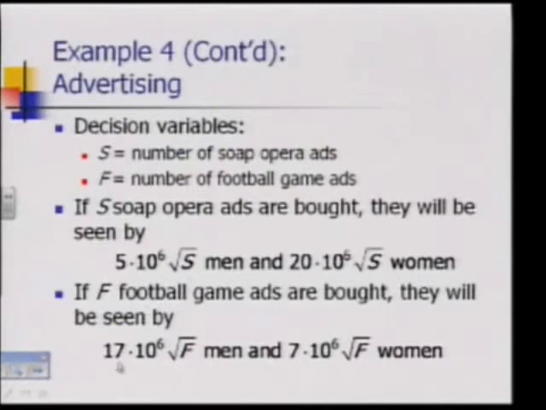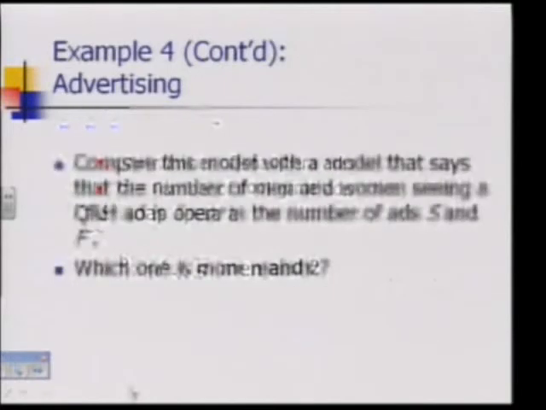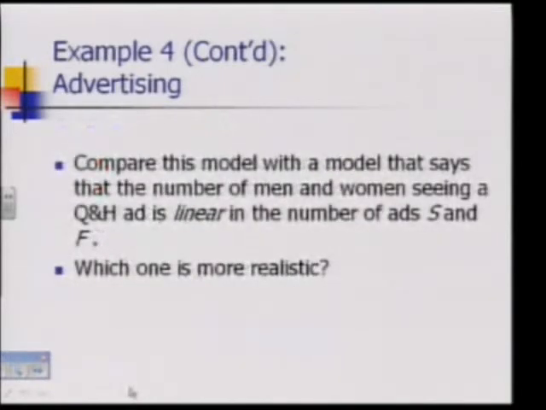And in this case, men tend to pay more attention to football games than women, which is true only to some degree, I would say, for some people in this business. Let's assume that's the case. And if you think about this model, what is lacking? The number of men and women seeing this looks like what? Linear in the number of ads.